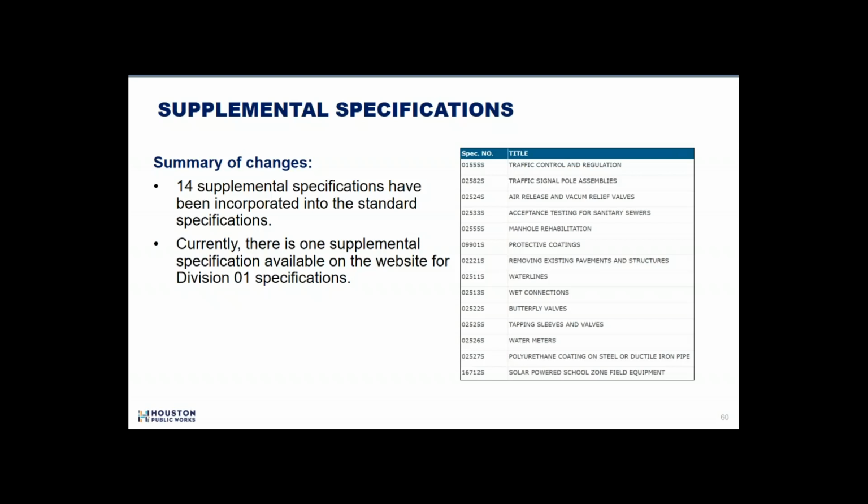If you go on the website right now, there's currently one supplemental specification listed, and that's because that one was created after the close of the 2018-2019 review cycle. Just as a reference, you can see on the image on the right is a list of all the supplemental specifications that have now been incorporated into the official standards.